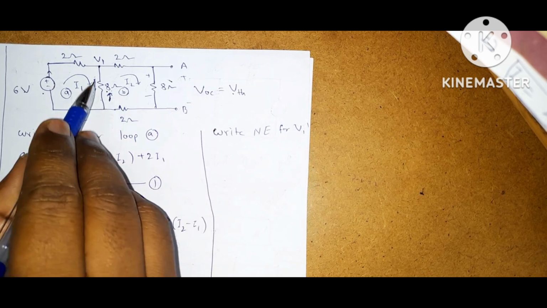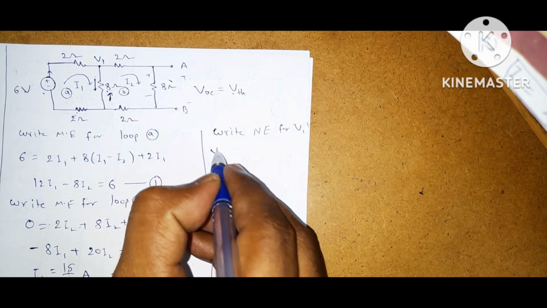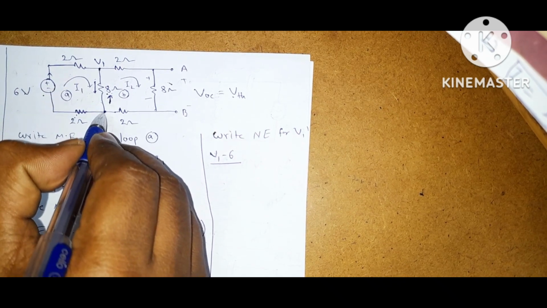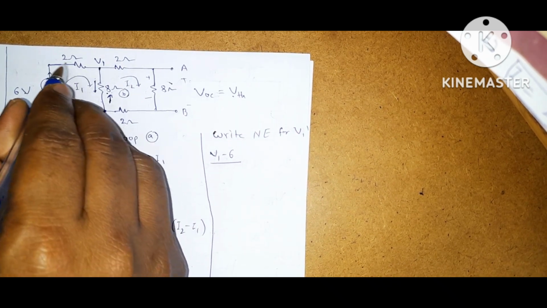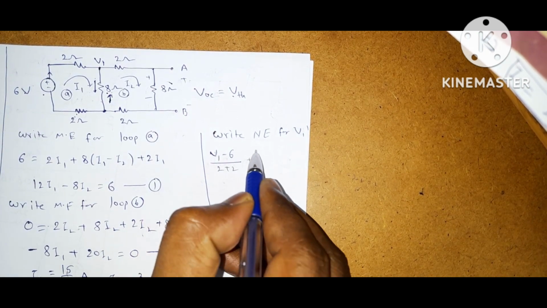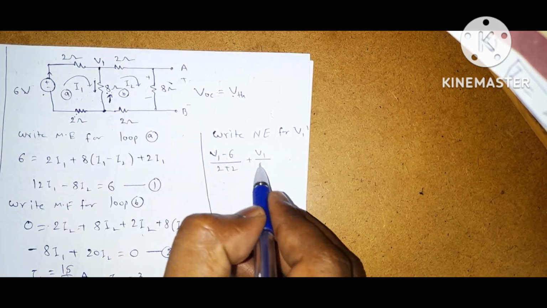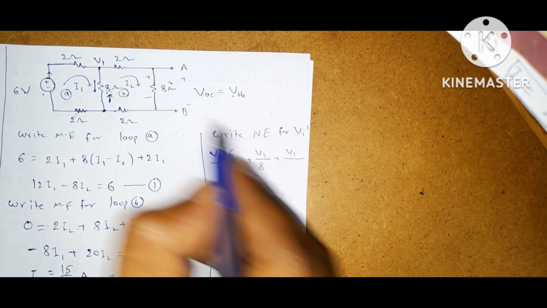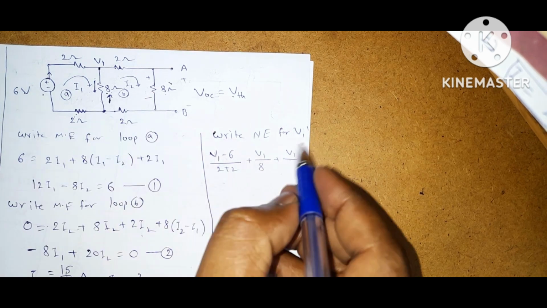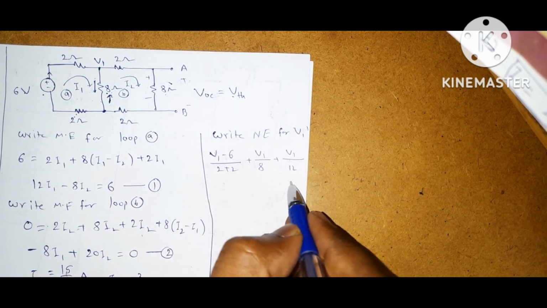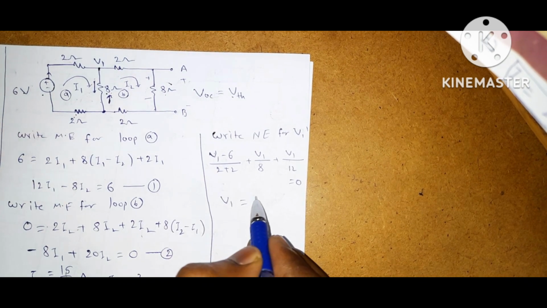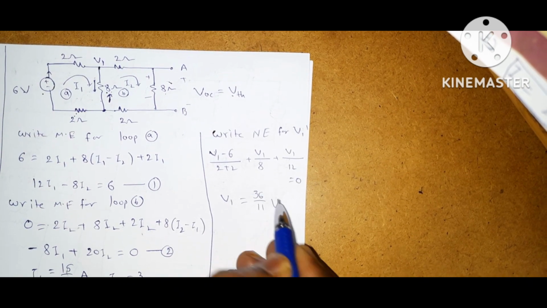If you take this as the reference node, then: V1 minus 6 divided by the entire branch, 2 plus 2, plus V1 by 8, plus V1 by the entire branch, 2 plus 8 plus 2, 12 ohms, equal to 0. If you solve this, you will get V1 is equal to 36 by 11 volts.